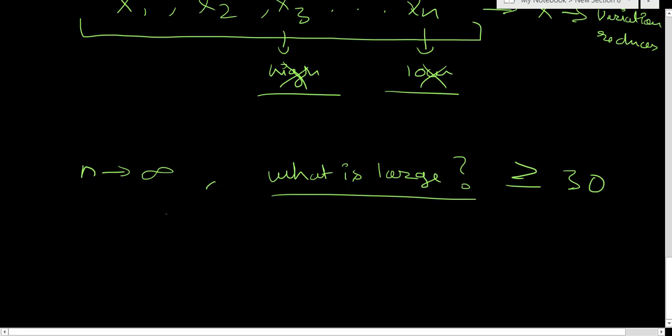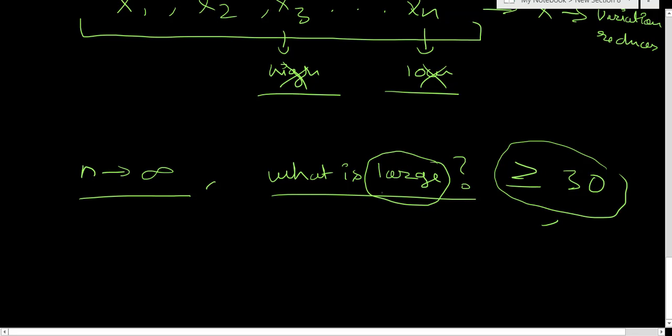In the case of this particular thing, you can apply the central limit theorem whenever n is greater than 30 in the exam questions. But in practical life, the term large actually depends on the randomness or the skewness of the sample.